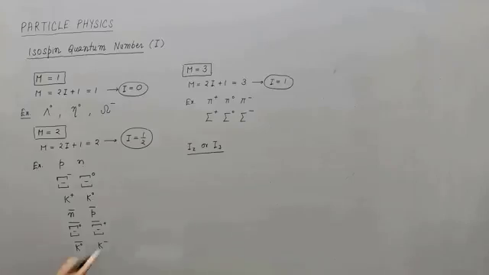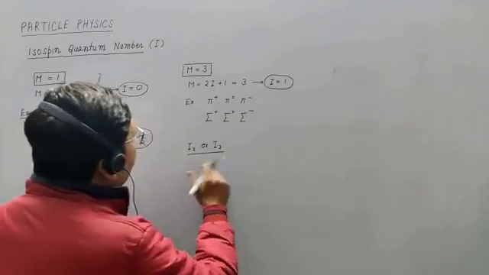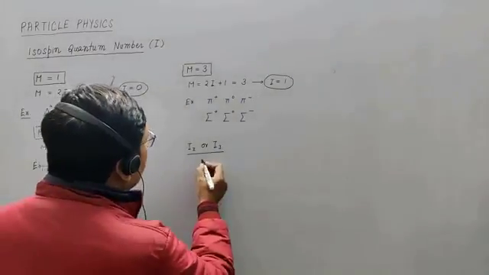What will be the values of this IZ or I3?